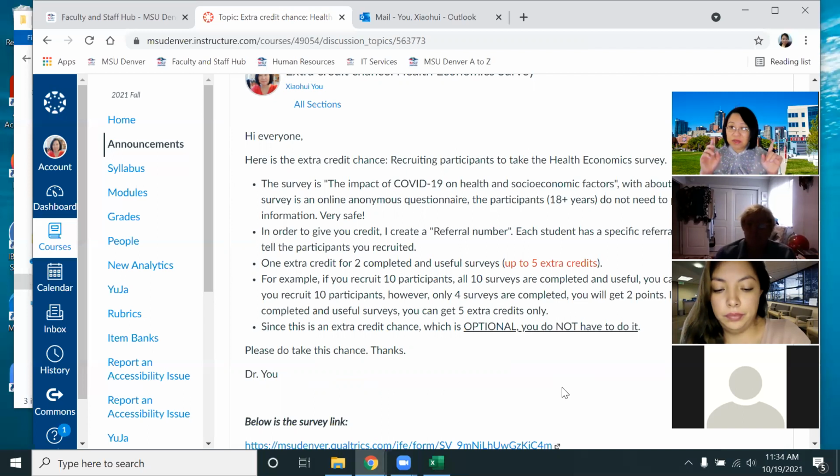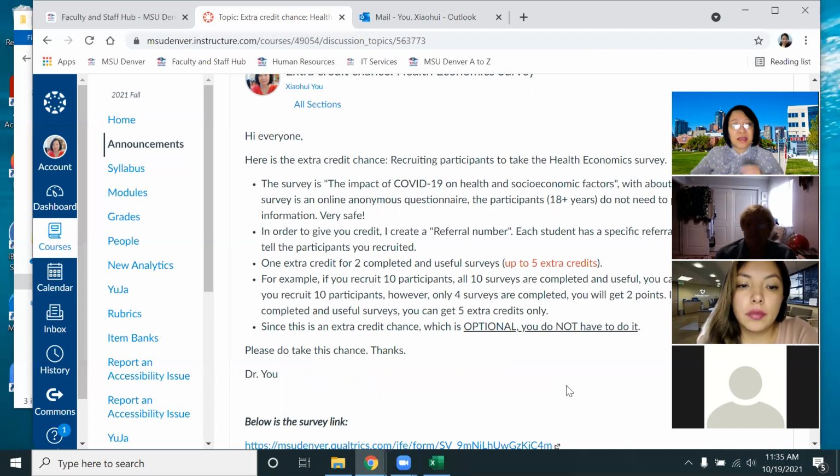For example, if some student got a total grade of about 82, and then got 8 extra credits from attending class and recruiting participants to take the survey, the final grade is 82 plus 8, and the student will get an A on this course.